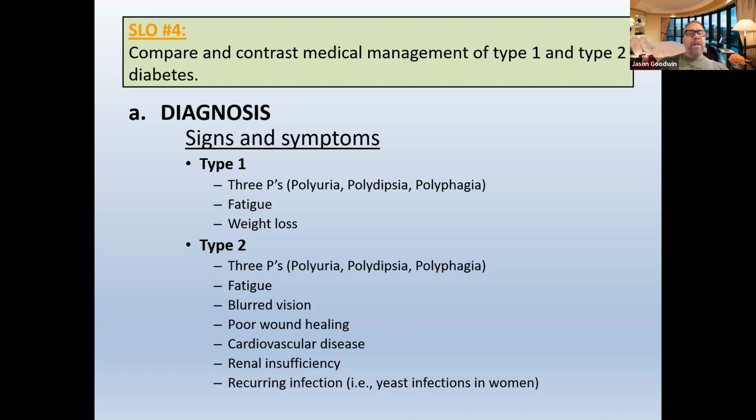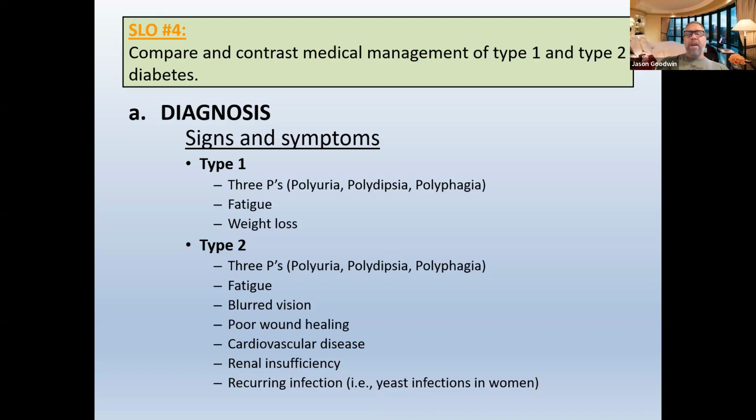In the type 2, you're gonna have fatigue, but you'll also have blurred vision because of the micro insults to your vasculature, which means that there's damage happening. You'll also have poor wound healing, and depending on how long it's progressed, cardiovascular disease because of that circulation, and renal insufficiency because we've talked about the fact that your kidneys are really sensitive to minor insults and changes in your blood pressure and your circulation.